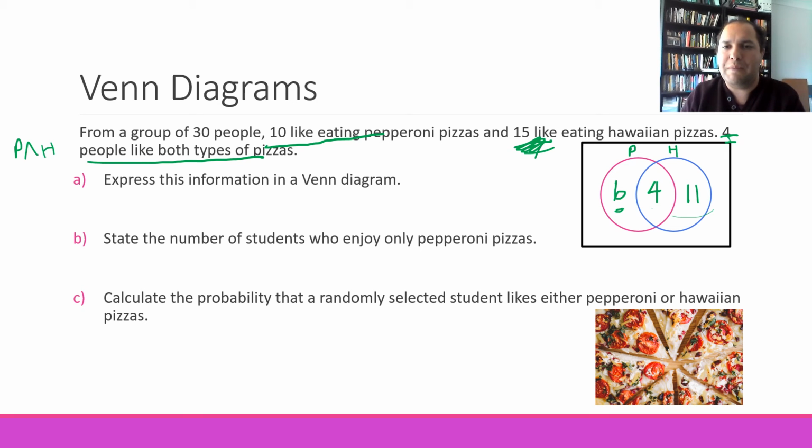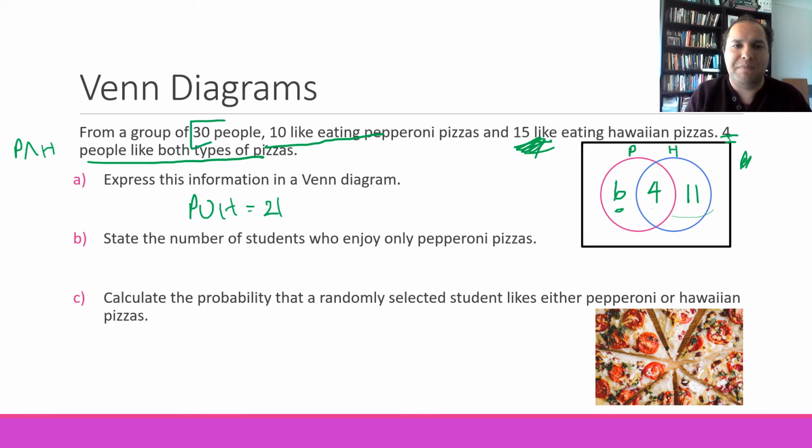Now, what about people who like neither? We have to always consider that there's some people who might not like either. So altogether, people who like pepperoni or Hawaiian, that's our union. We've got 6 plus 4 is 10, plus another 11, 21 people like pepperoni or Hawaiian pizzas.